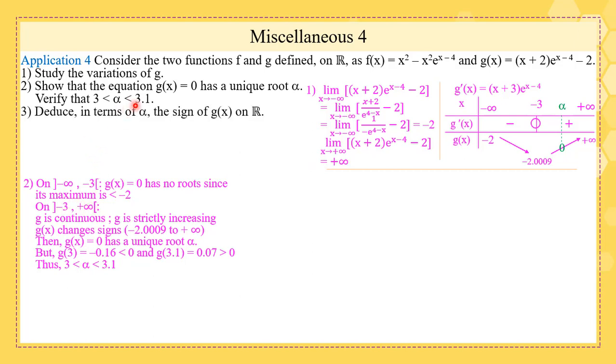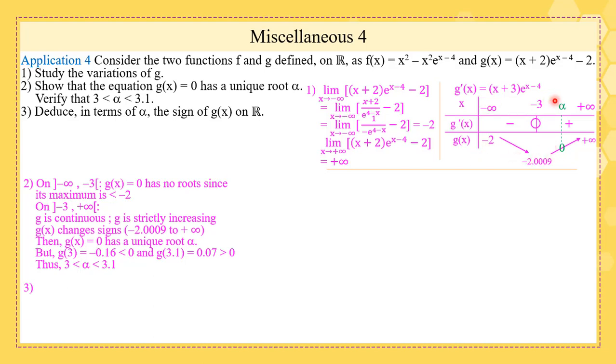Now deduce in terms of alpha the sign of g of x. We need to find the sign of g of x in terms of alpha. Try also to work it out. Well, if we just read it from this table, this is g of x, it's negative, it goes up to 0.